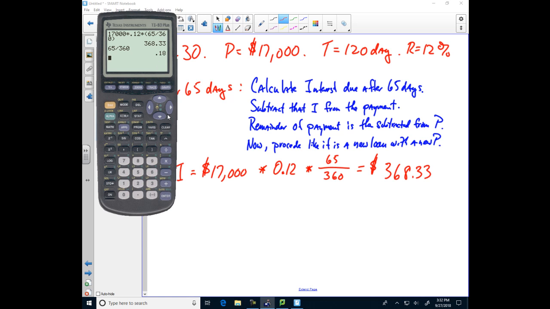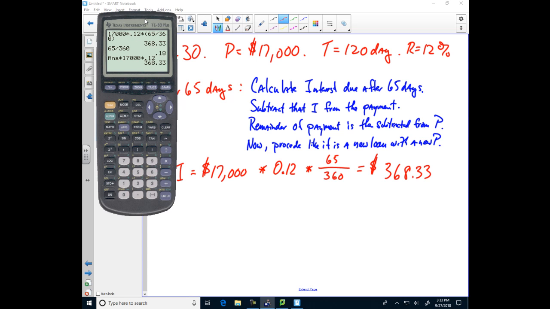That gives you that, and then on your simple calculator, if you just press multiply, it's going to take that number and multiply it by whatever you put in next. Then you could do the 17,000 times the 0.12. So if you have a regular calculator, do this part first, just in case.